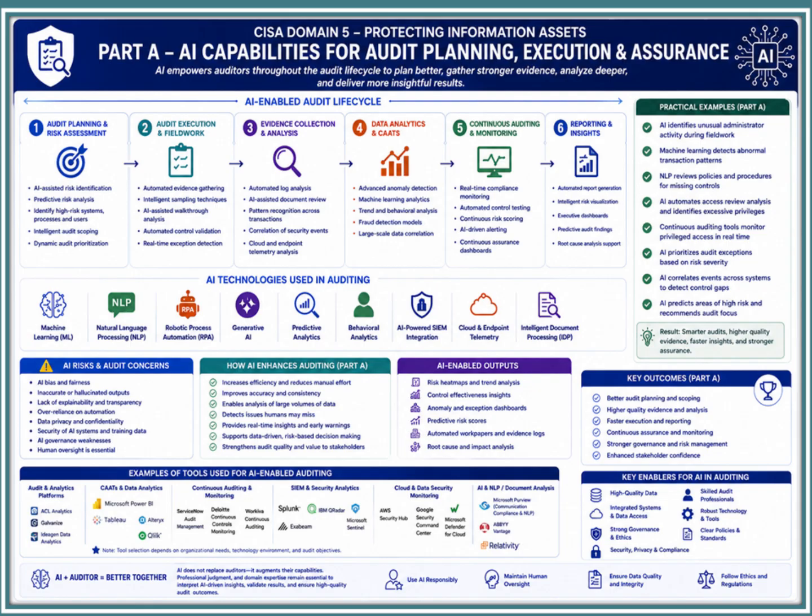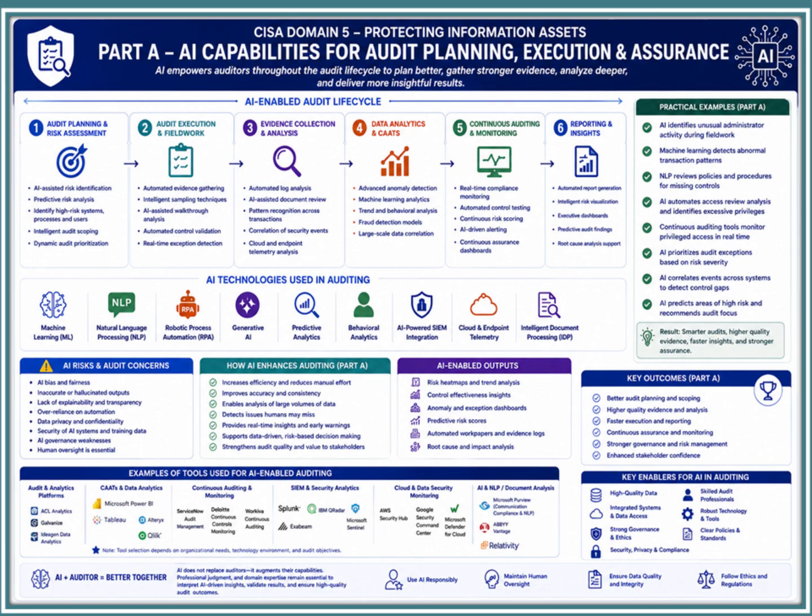This helps management focus on the most critical risks and control issues. The diagram also highlights key AI technologies used in auditing, including machine learning, natural language processing, robotic process automation, generative AI, predictive analytics, behavioral analytics, AI-enabled SIEM integration, intelligent document processing.